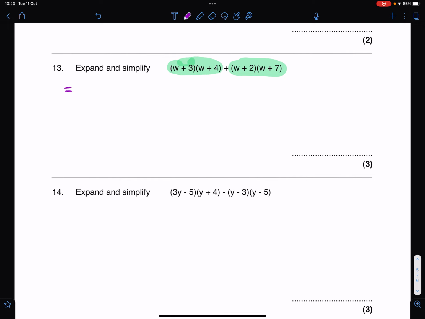If I expand the first couple, I need to multiply w by w, w by 4, 3 by w, 3 by 4. So that's going to give us w squared plus 4w plus 3w plus 12. Are we okay with this?